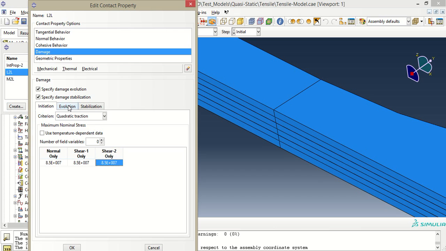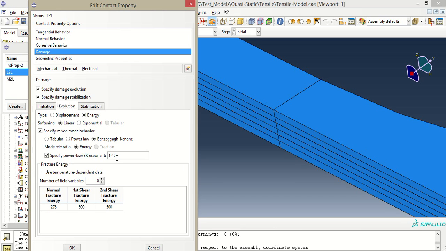And this is damage evolution again. We are taking an energy-based damage evolution. For softening, just for simplicity, I am taking it linear. If you are taking it exponential, you must know what you are doing. Then there are three types of behavior: tabular, power law, or Benzeggagh-Kenane.